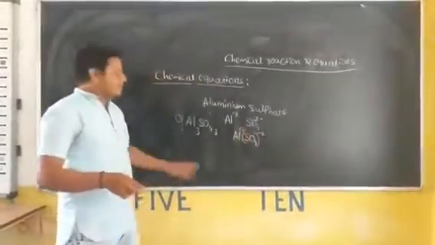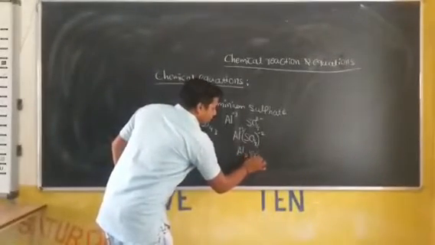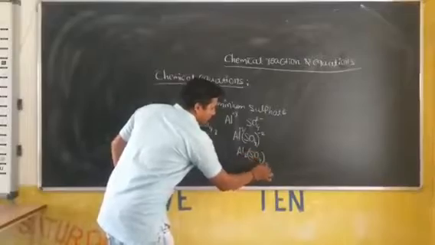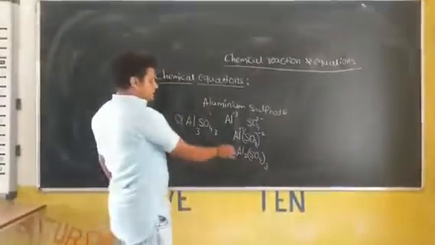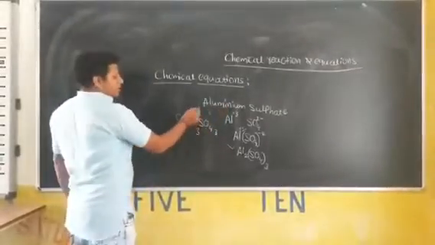Now cross your charges. Hence it becomes Al2 (SO4) thrice. This is the correct notation for aluminum sulfate, but the other one is wrong.